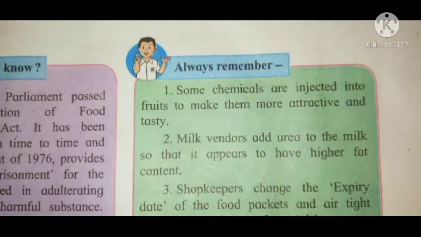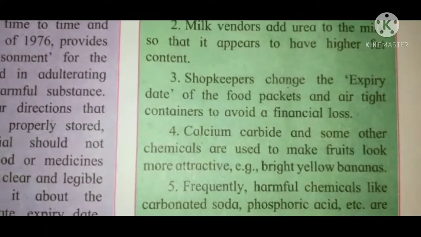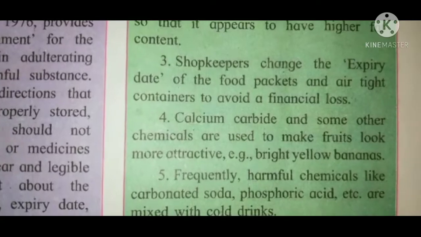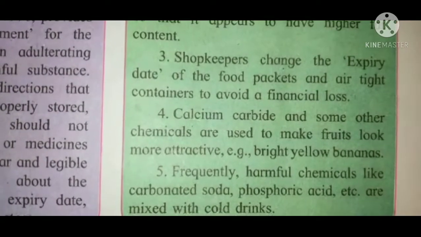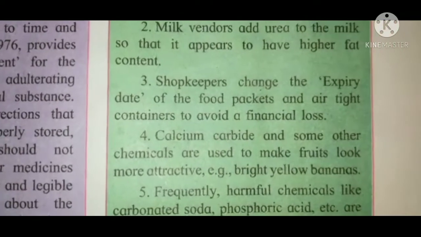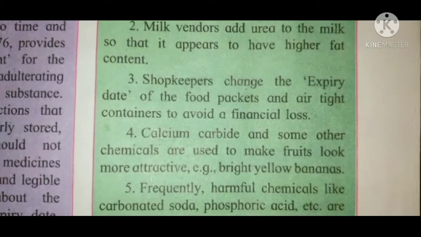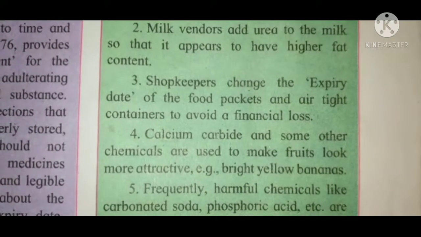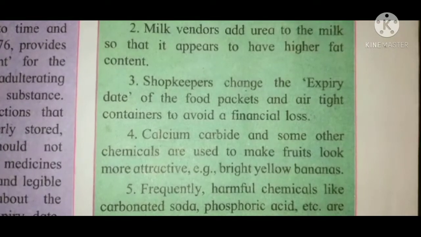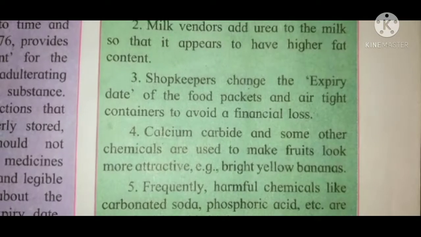Third, shopkeepers change the expiry date of the food packets and the airtight containers to avoid a financial loss. Fourth, calcium carbide and some other chemicals are used to make fruits look more attractive, for example, bright yellow bananas.